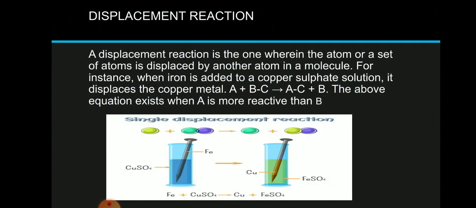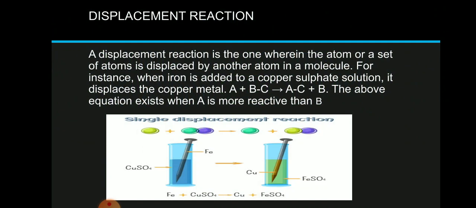Now this iron takes the place of the copper, and therefore a new product is formed, which is known as iron sulfate. So this reaction, where one substance or one atom is displaced by another atom or molecule, is known as a displacement reaction.